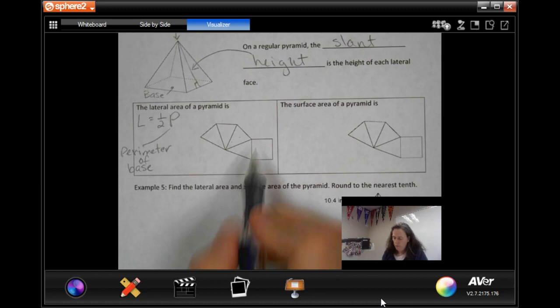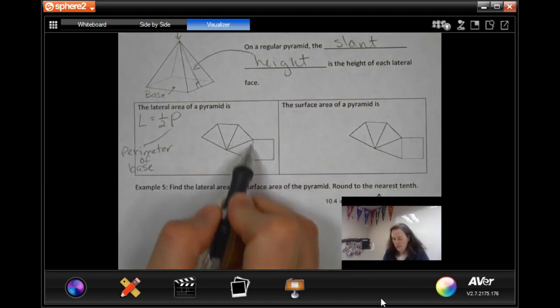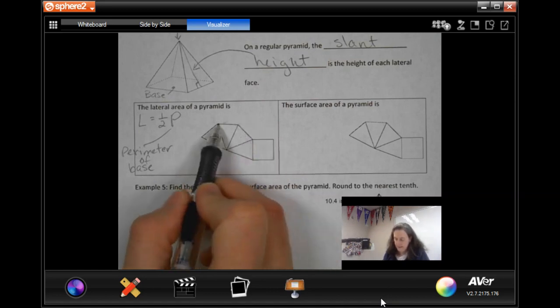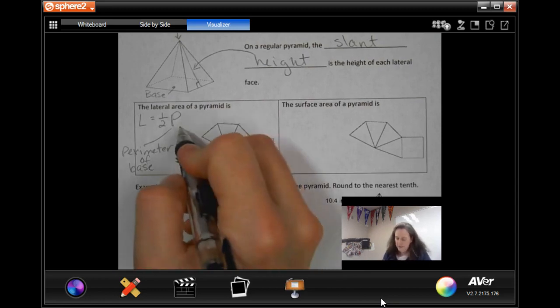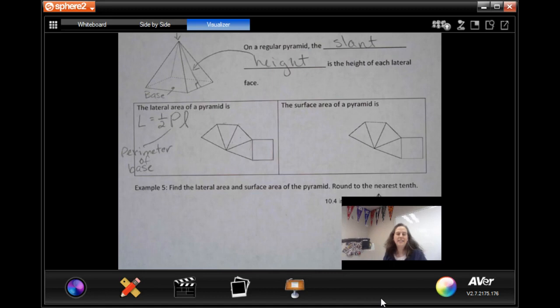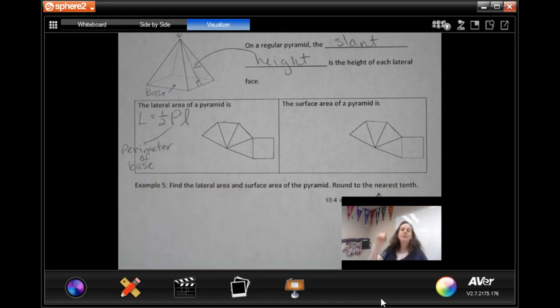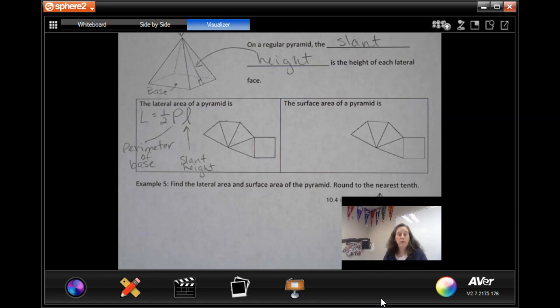But for this one, we want the perimeter of this base, times, now this is the curvy, slanty kind of L, like cursive, if you know cursive. I know that's a dying art, but it's a cursive L, which stands for the slant height, which we talked about just a second ago.